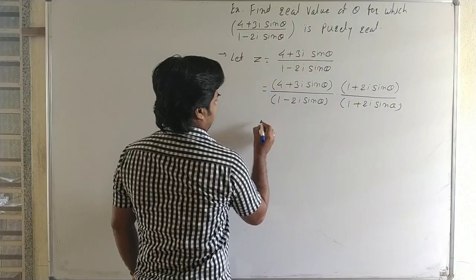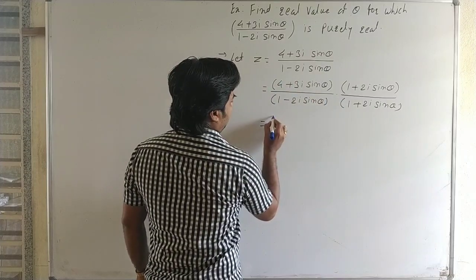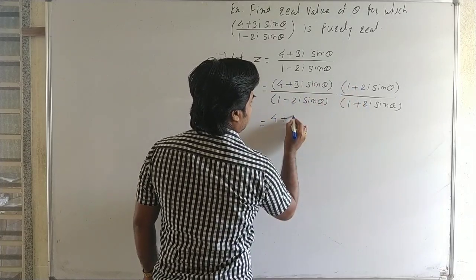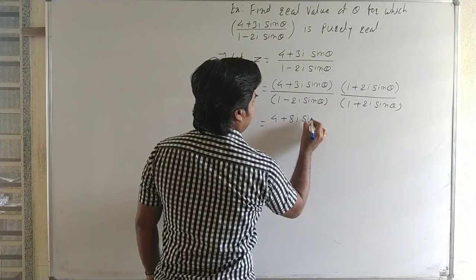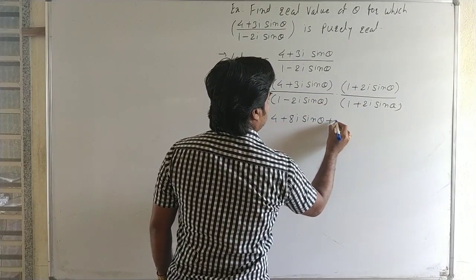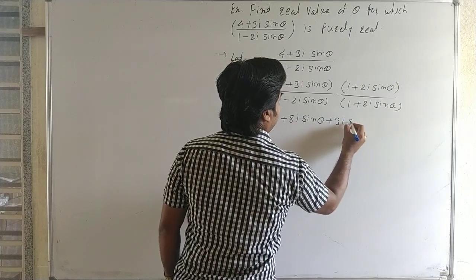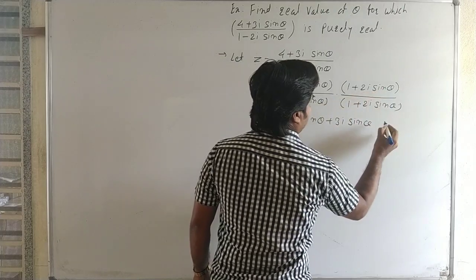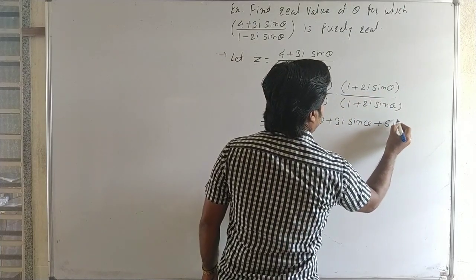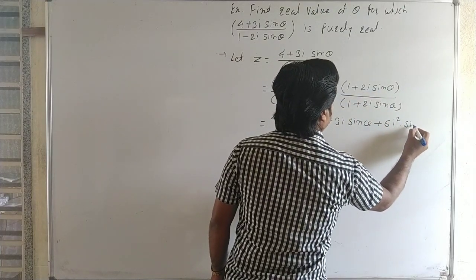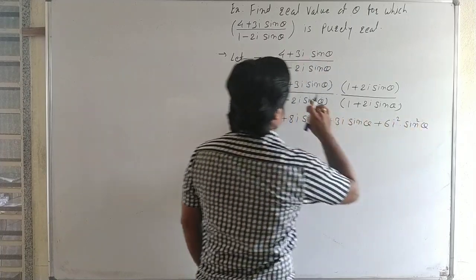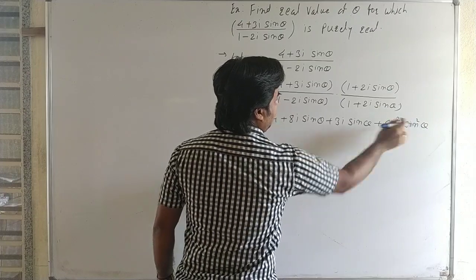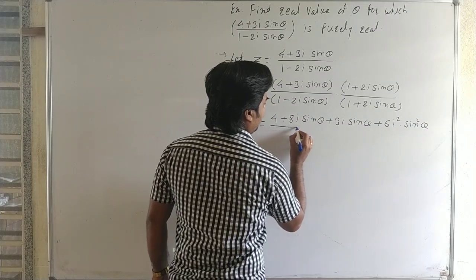Now take the multiplication. Here 4 into 1 is 4, plus 8i sin theta, plus 3i sin theta, and 3i sin theta into 2i sin theta is plus 6i square sin square theta, upon.